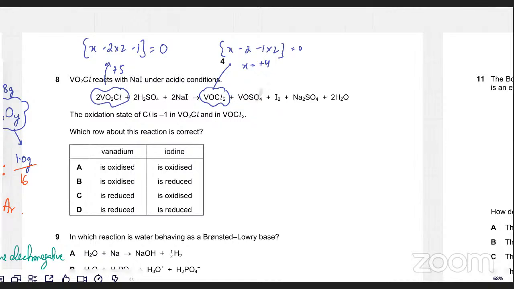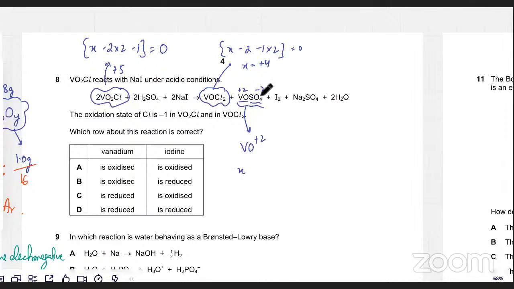Yes. So you've got VOSO4 as well. SO4 is -2. So that means VO is actually +2. I mean, if you have FeSO4, SO4 is -2, Fe is +2. So VO over here is +2. So what's the oxidation state?